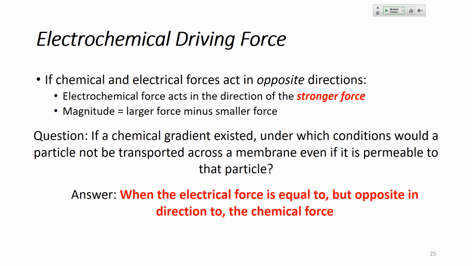So when the electrical driving force is equal but opposite to the chemical driving force, there is no net movement. Right? There's no net movement. Even though we have a chemical gradient, even though the membrane is permeable to that particle. When the electrical driving force and the chemical driving force are equal and opposite, there is no net movement. Okay?